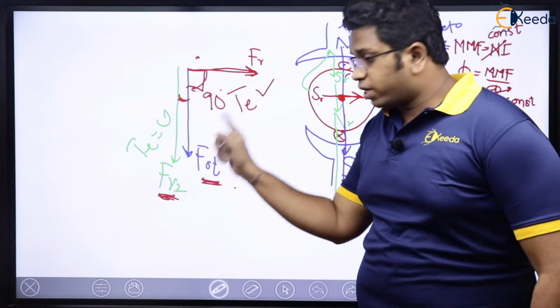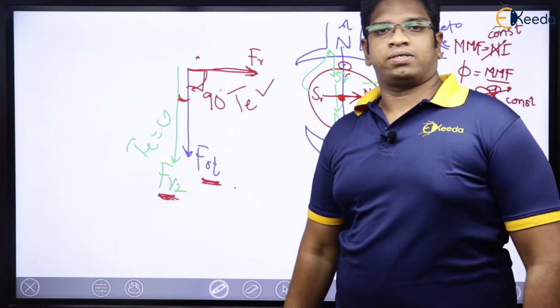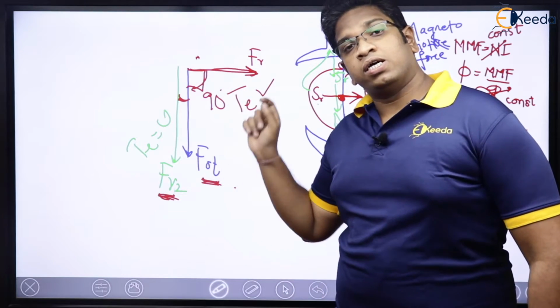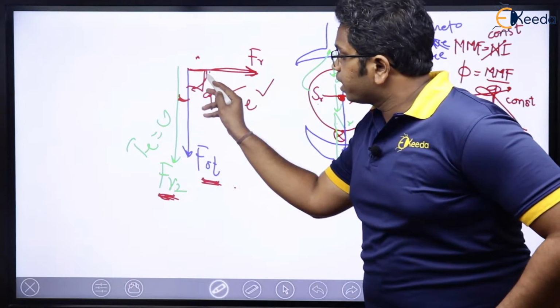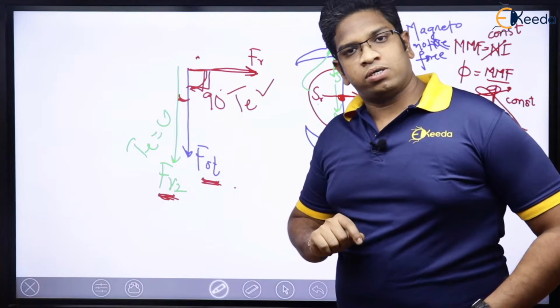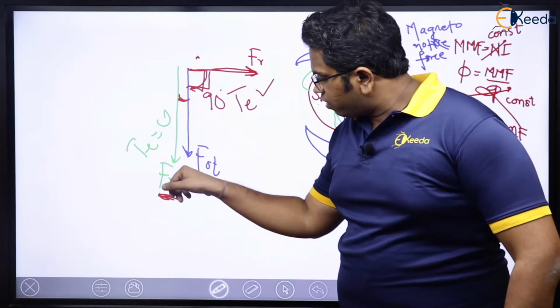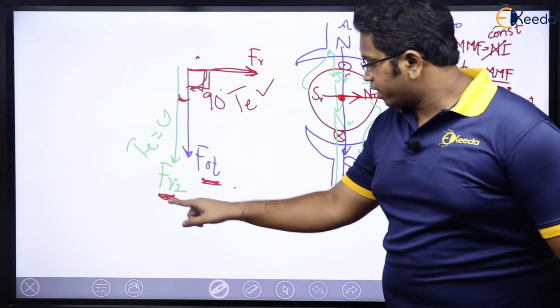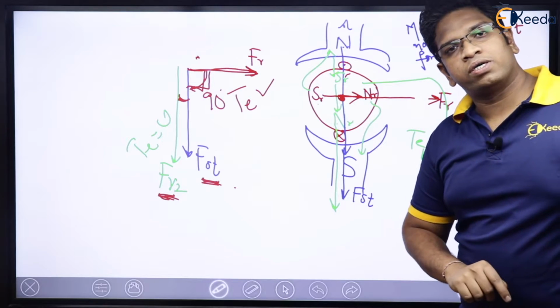Even if my rotor is rotating, my rotor MMF should not rotate. They should be stationary with respect to each other, and at the same time there should be some displacement angle, because we have seen that when the displacement angle is 0, torque is 0. Second case, green case, torque is 0.